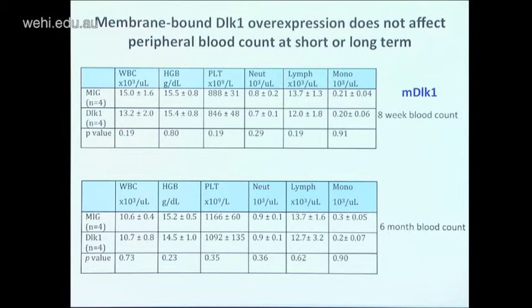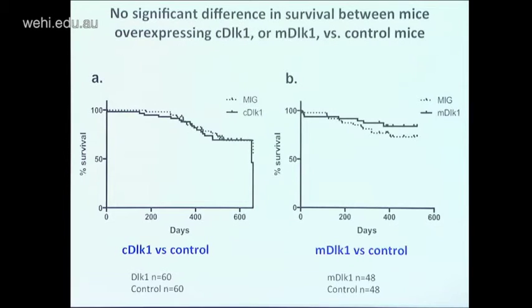But what I was really interested in was whether it causes leukemia, and whether it causes poor survival. Unfortunately for me, there's no difference between the overexpression arm and control in terms of survival. They're the same.